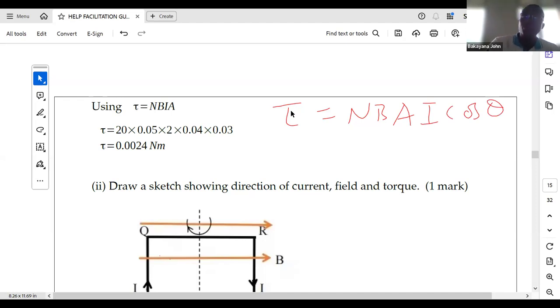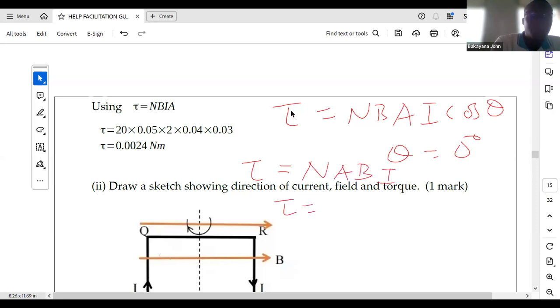So if theta is 0, that means the plane... okay, if theta is 0, what are you going to come up with? Because we are testing time as well. When the angle theta is 0, then our formula simply becomes N A B.